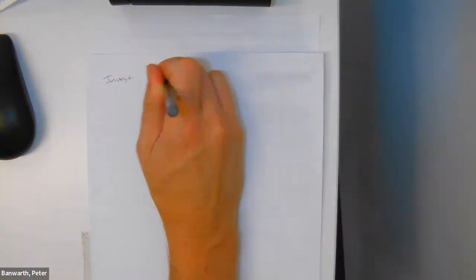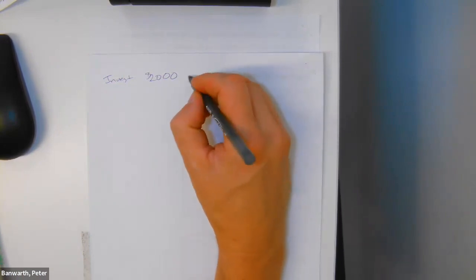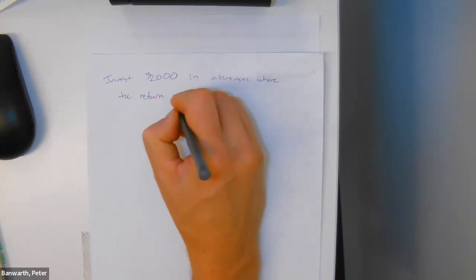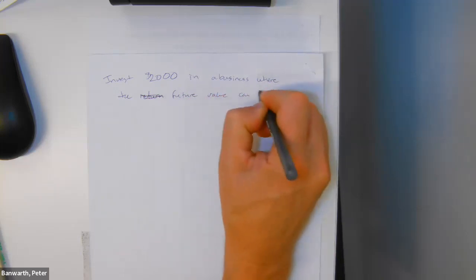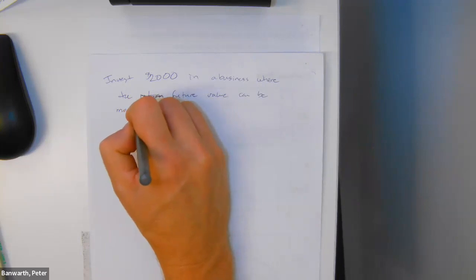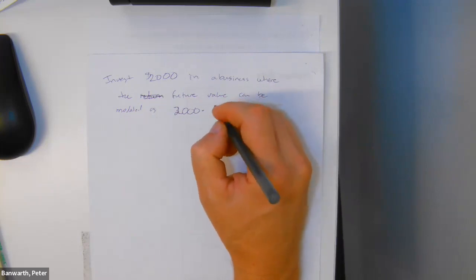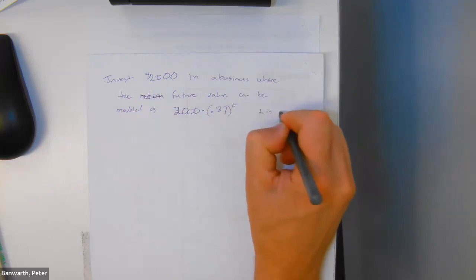So now we have an application. Invest $2,000 in a business where the return, or how about the future value, can be modeled as 2,000 times 0.87 to the t, where t is years.